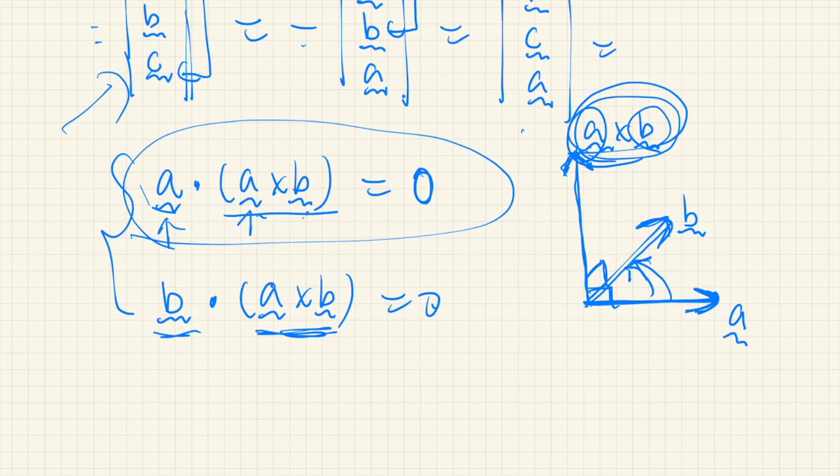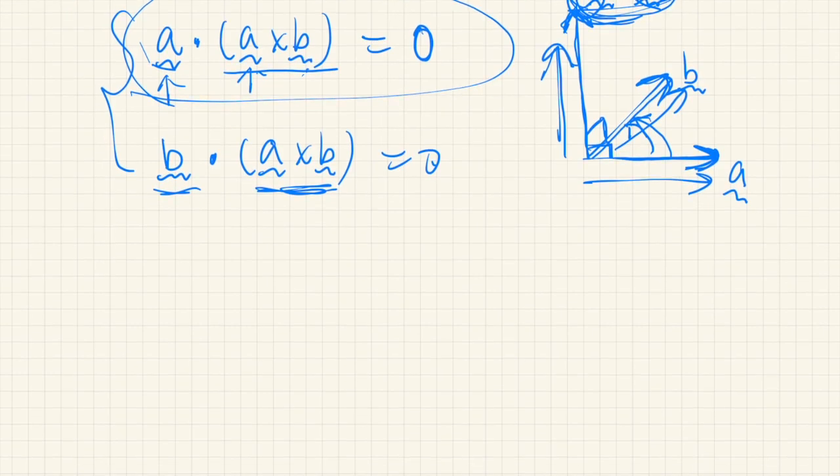Using your right hand, first point your pointing finger in this direction and move your middle finger to this direction, and now your thumb is pointing to the direction of the cross product. So, the right-handed rule.